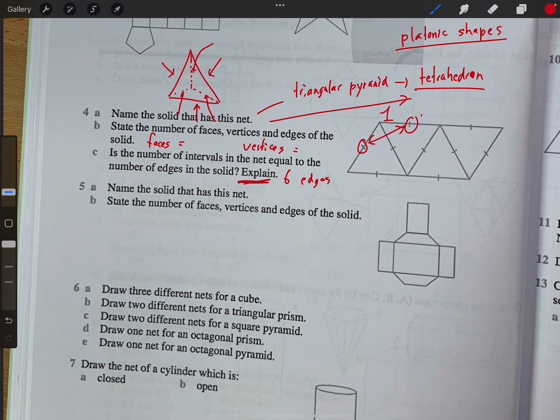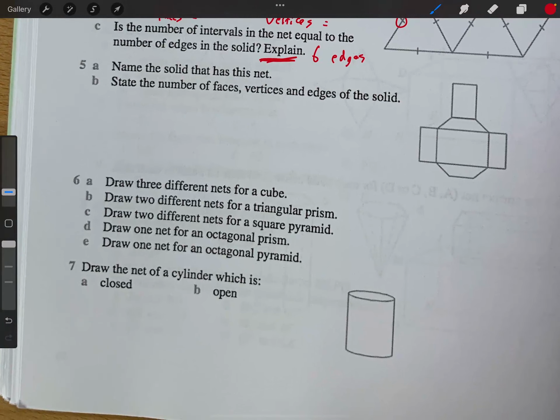Even though there are 2 intervals, it's going to be 1 edge. So when you join them together, the intervals actually combine together. So there are fewer edges than intervals. Okay, next one. Name the solid that has this net. Okay, so when you fold this net together, you're going to get something that looks like this.